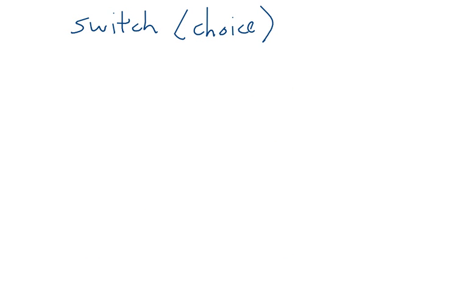Switch choice basically says, take a look at the value of this variable choice, and then you have case 1. Now, case 1, 2, 3, 4 does not mean first case, second case, third case, fourth case. This value of 1 actually corresponds to a value that this variable choice can take on. So case 1 would be adding your two values together.